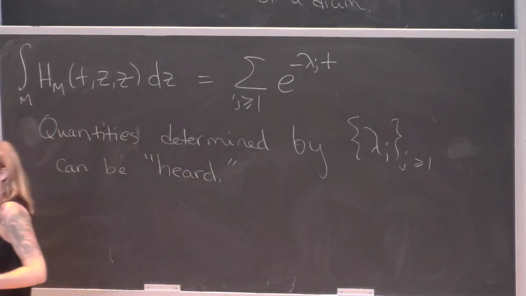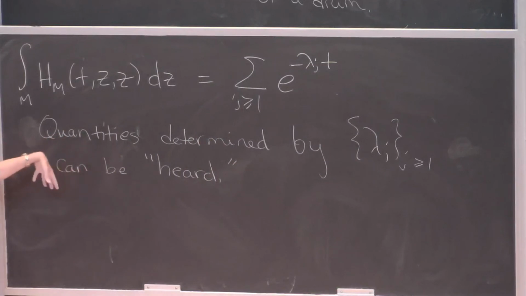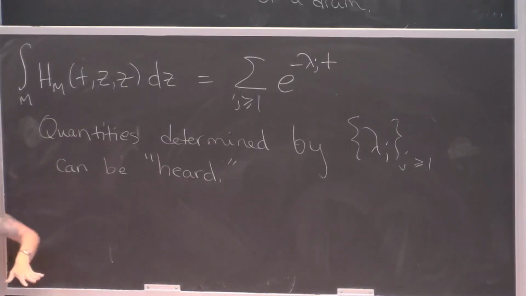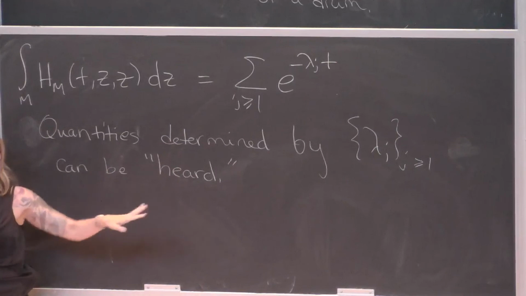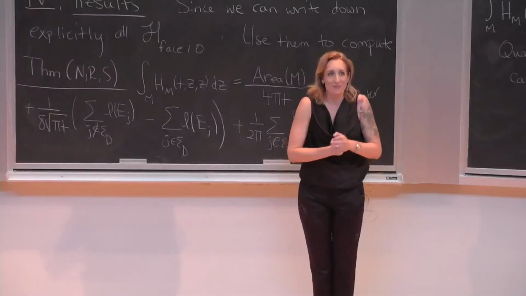And so with really good ears, you'd hear them all. And so you'd therefore hear everything determined by these lambda j's. And so the application of our result shows that these numbers pick up whether a bounded domain in the plane has corners or not. So in that sense, we are able to use these microlocal tools to show connections between physics, i.e. analysis, and geometry. So, thank you.